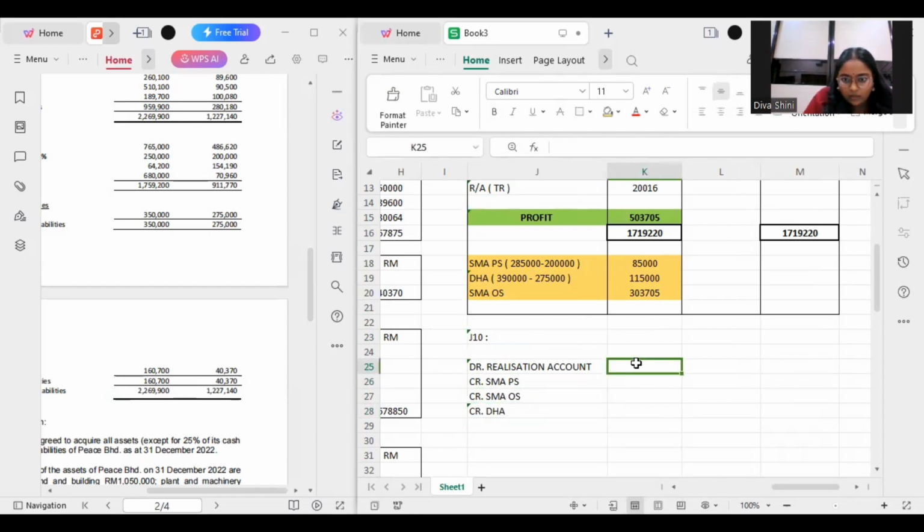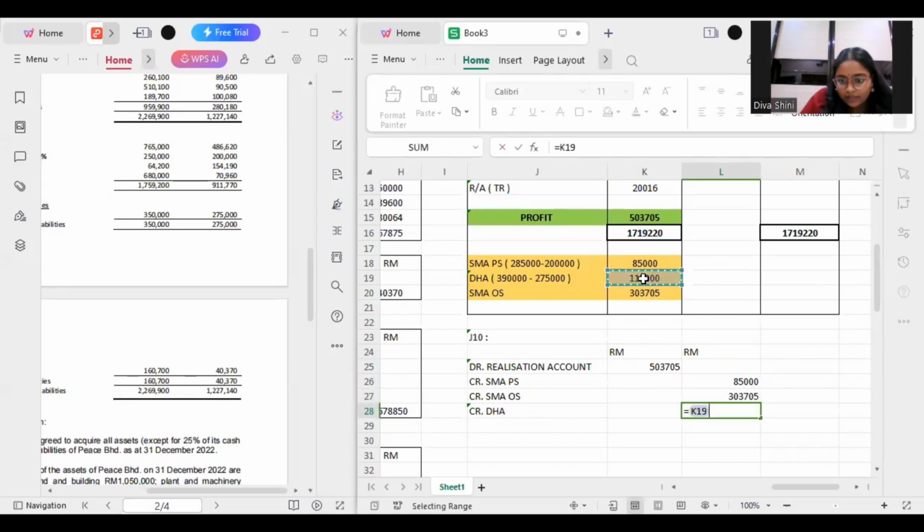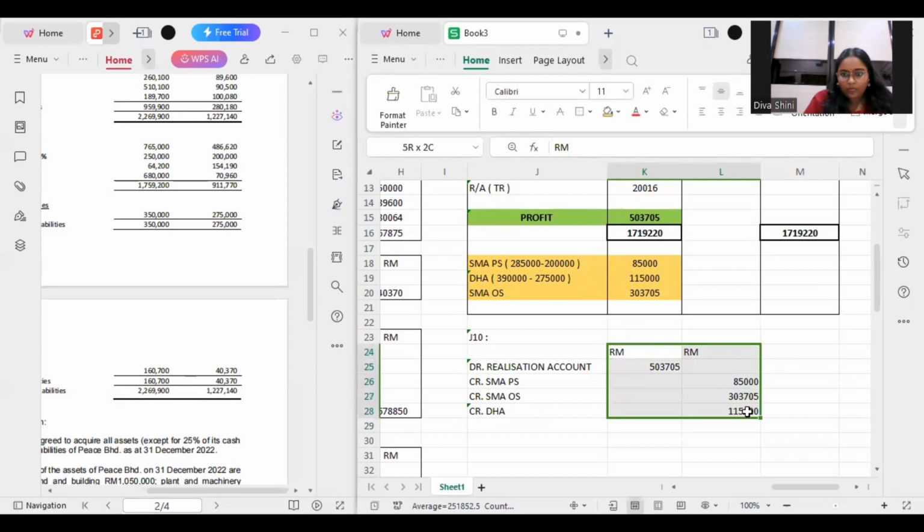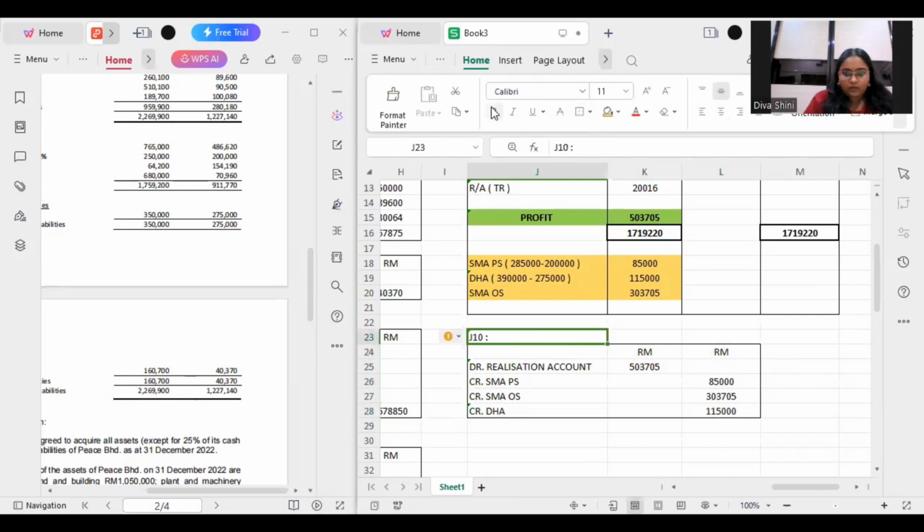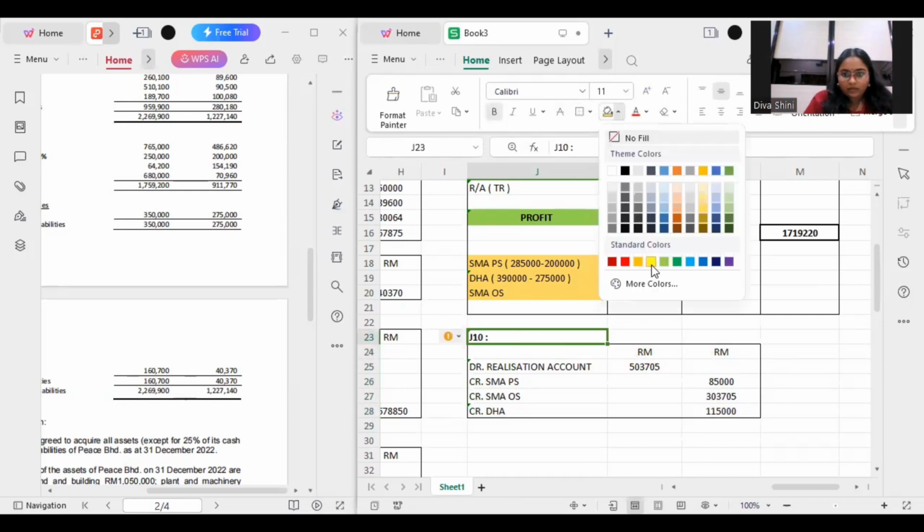For the realization account, we need to take the profit. This is the profit, and for SME PS we need to take this amount, SME OS this amount, and DHA is this amount. So that's all for Journal 10.